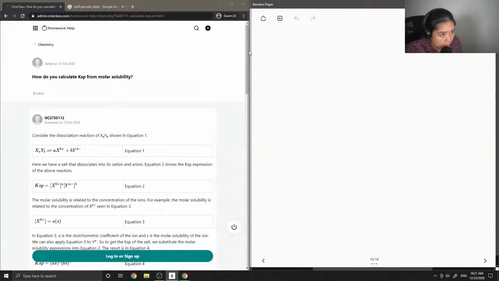Okay, so question number 8. How do you calculate KSP from molar solubility? Okay, so first, let's define molar solubility.